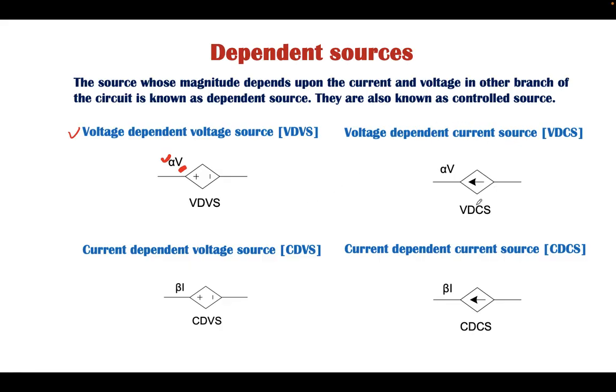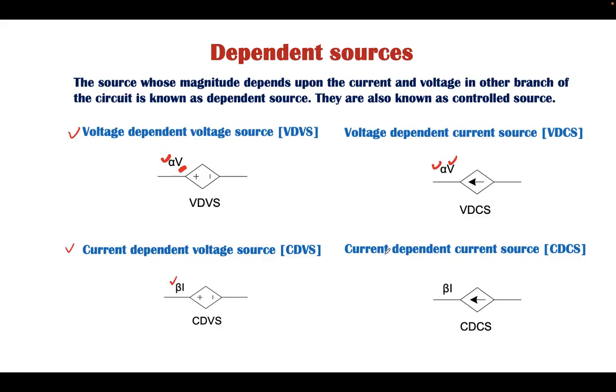In case of the current source, the magnitude depends upon the voltage of any other branch, where alpha is the fraction of that voltage. And the current dependent voltage source: in case the source is a voltage source, it is represented by a diamond with plus minus, and since its magnitude depends upon some other value, another variable is taken, that is beta.